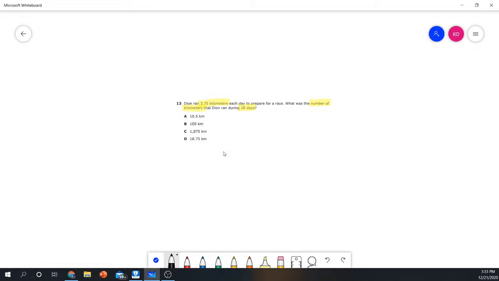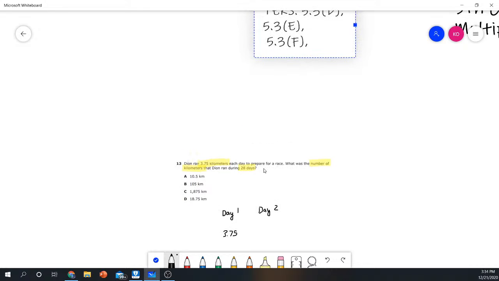The reason why is, say, day 1: he ran 3.75 kilometers. And on day 2, he ran a total of 3.75 plus 3.75.